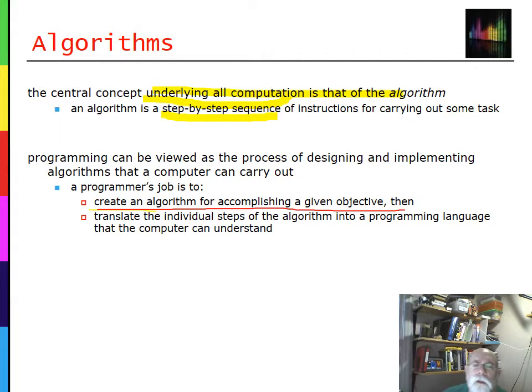So you have to start learning to think in steps and realize that the machine cannot take a gross instruction and know what to do. It has to be detailed for the machine.